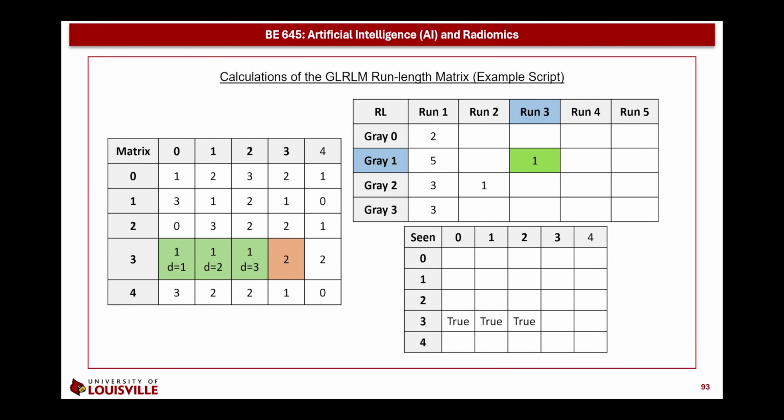So how can we write a script that can handle the different directions based on theta, not only the horizontal direction, and be able to generate the run length matrix? Simply, we will create in the code an empty Boolean matrix that looks like that matrix, which will be similar in dimensions to the original image or the original matrix.